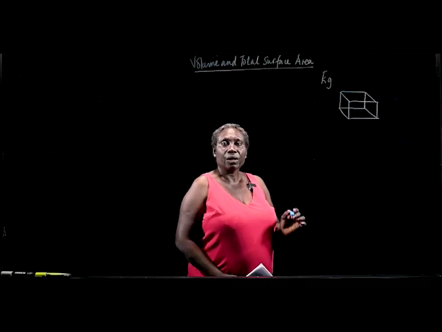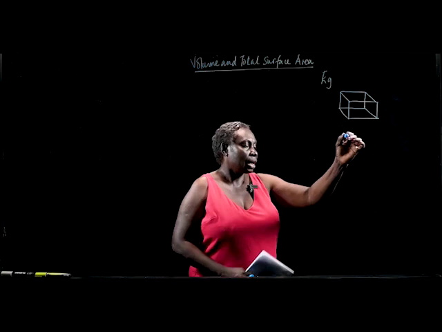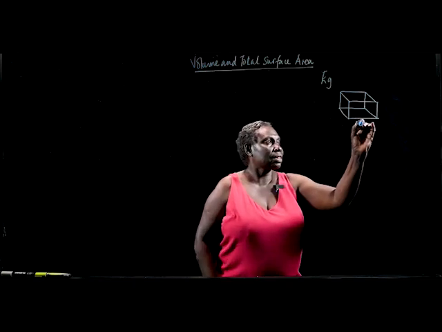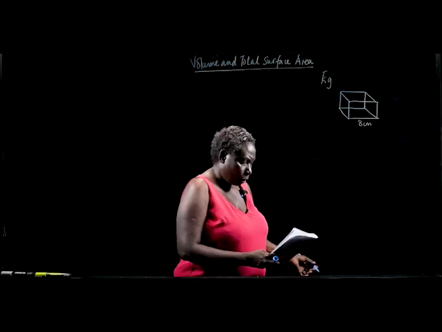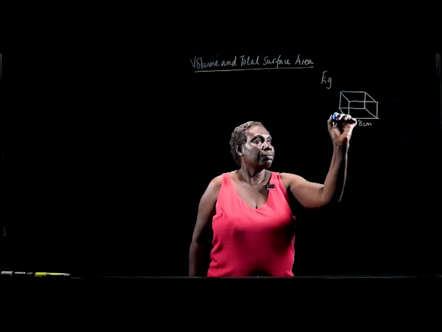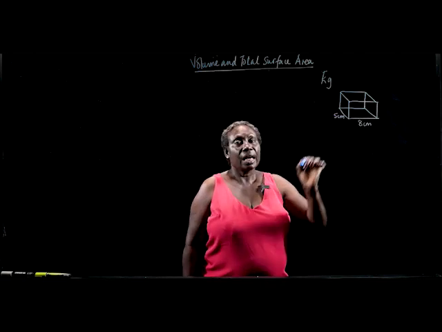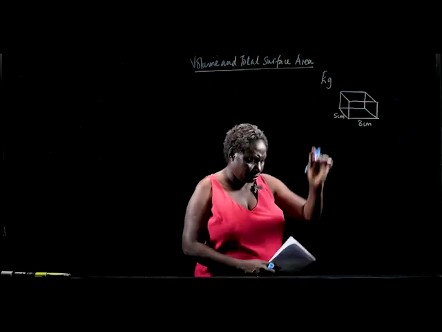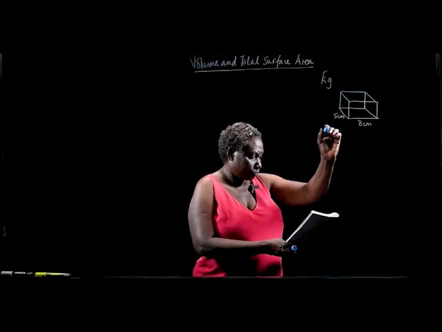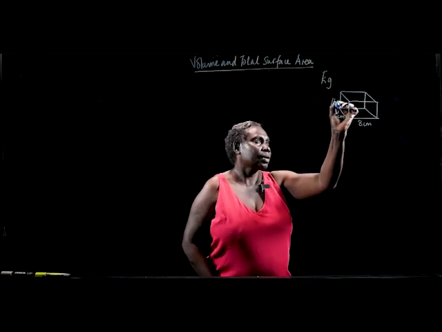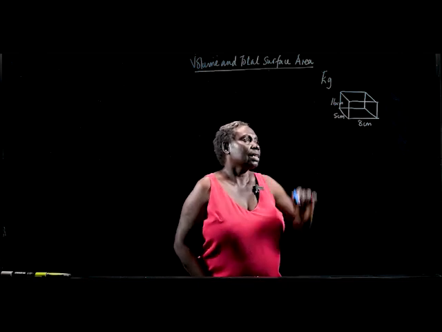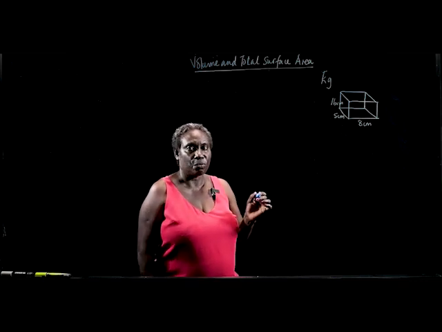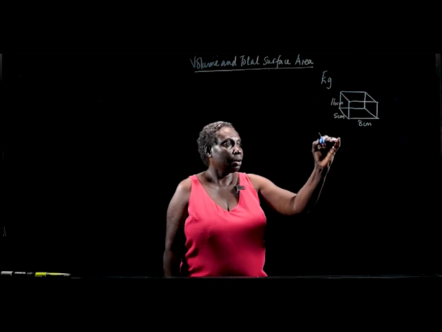We have a cuboid whose length is 8 centimeters, width is 5 centimeters, and the height of 16 centimeters. Okay, 16 centimeters. Now, how do we calculate the volume of a three-dimensional figure?